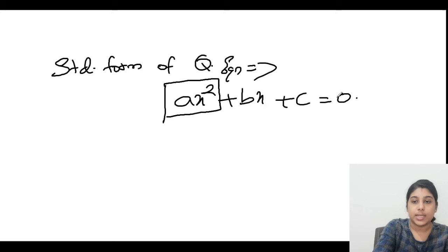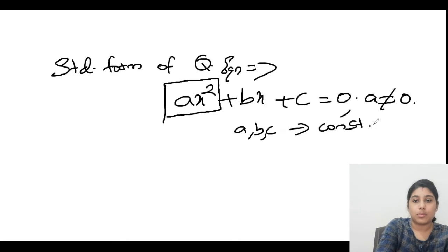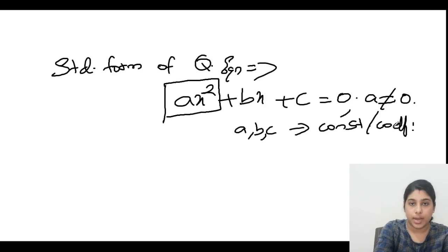Here a should not be equal to 0, and a, b, c can be any constants or coefficients. This is the standard form or general form of a quadratic equation. Here you come to know that the terms are in descending order. Here the x power is 2, here the x power is 1, and here the x power is 0 actually. x raised to 0 is 1, that is why it is not mentioned here. So this is the way you have to write.